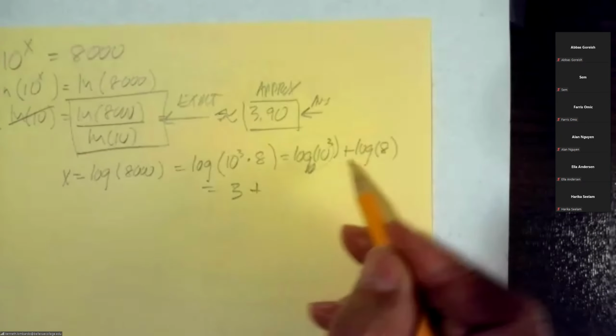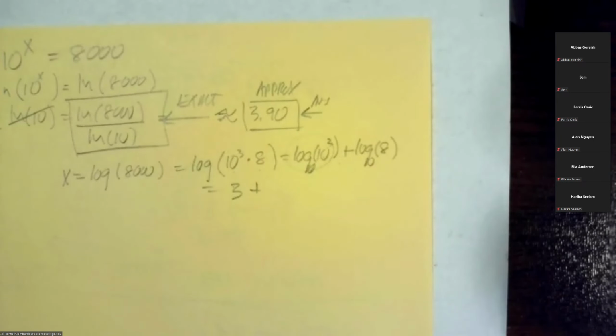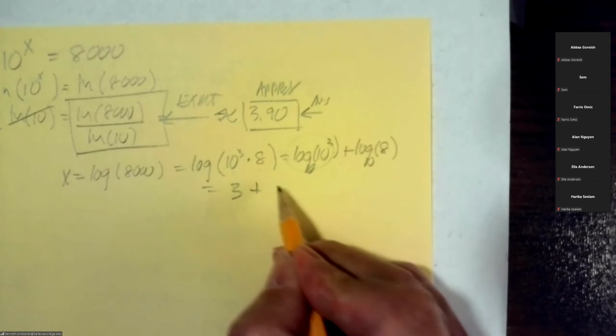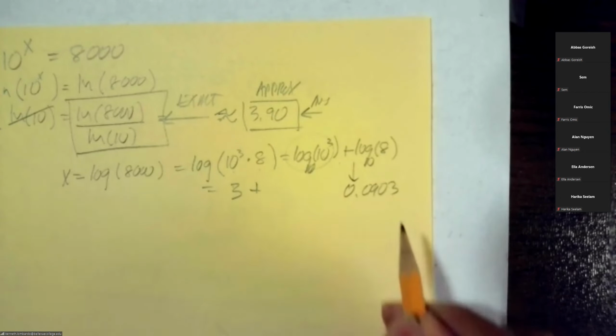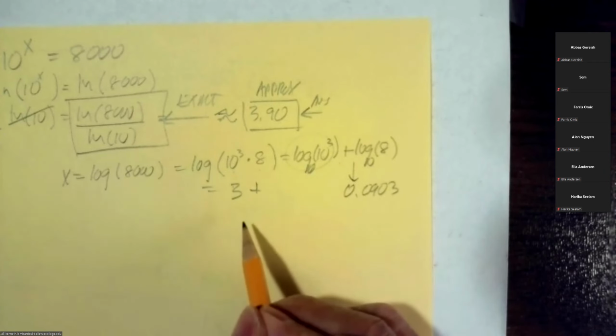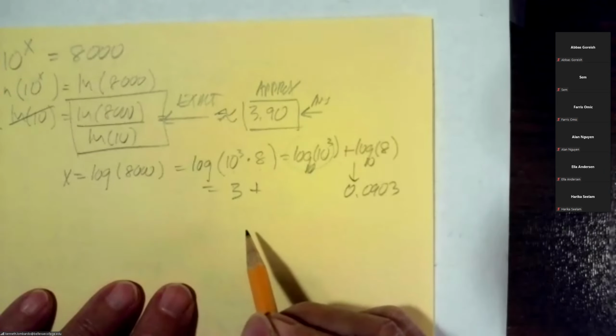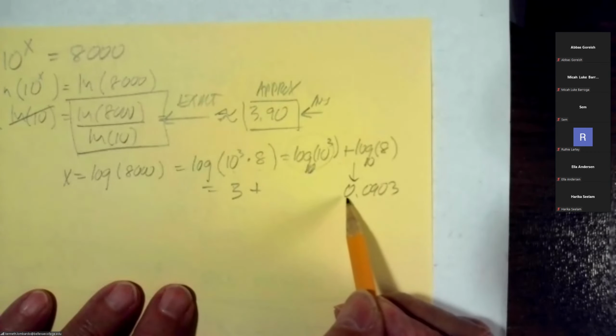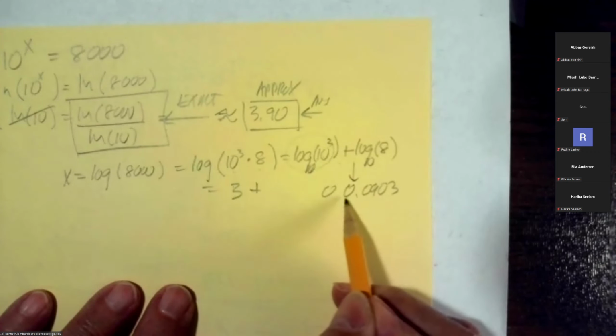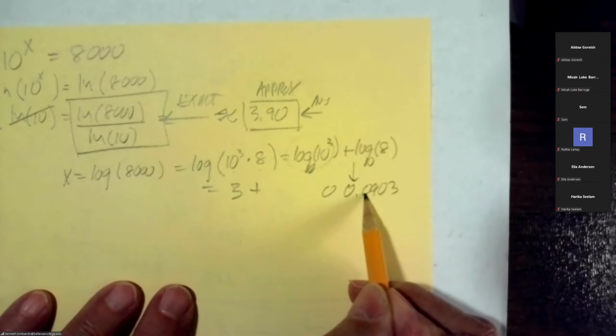And log base 10 of 8, you got 0.0903? No, I got the log base 10 of 8 was 0.90. 0.90, okay.